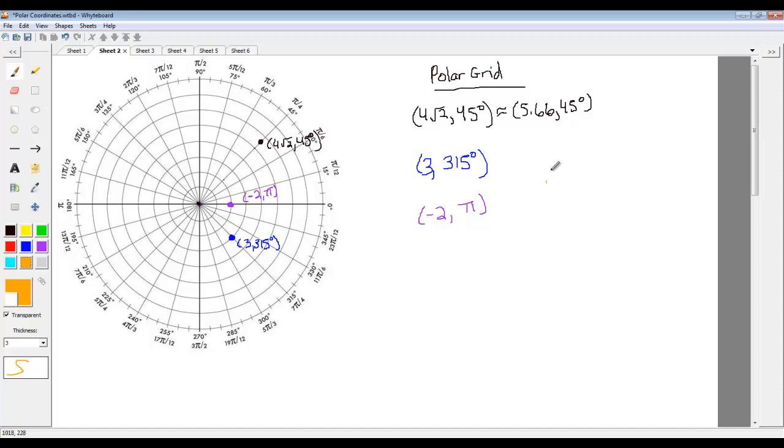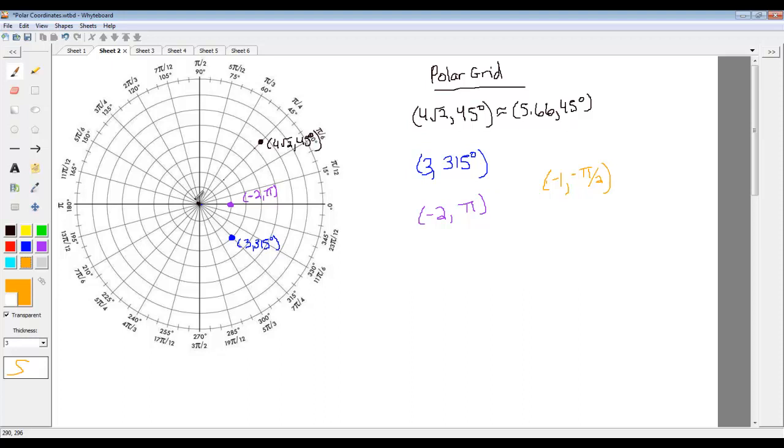Alright, let's do -1, pi over 2. Tackle the angle first. So going around, -pi over 2 is going to actually get you to here, because negative, you're going in the clockwise direction. If it had been 1, pi over 2, you'd mark at the 1.